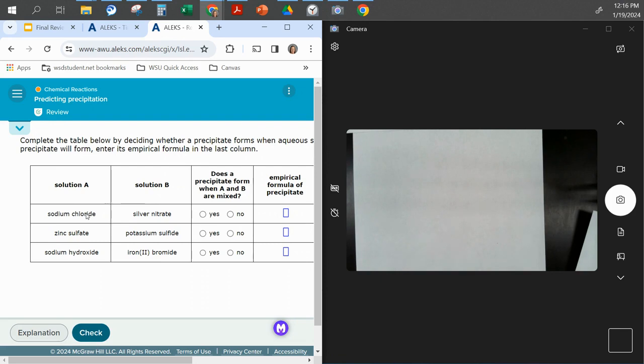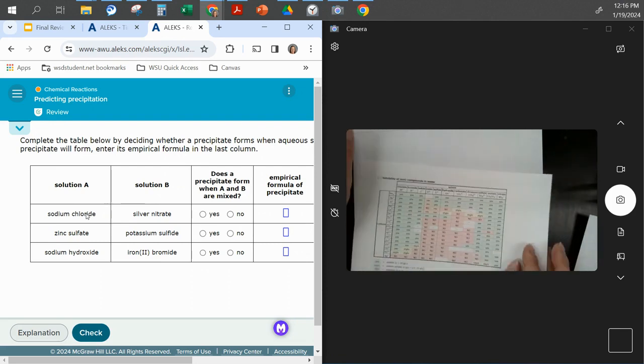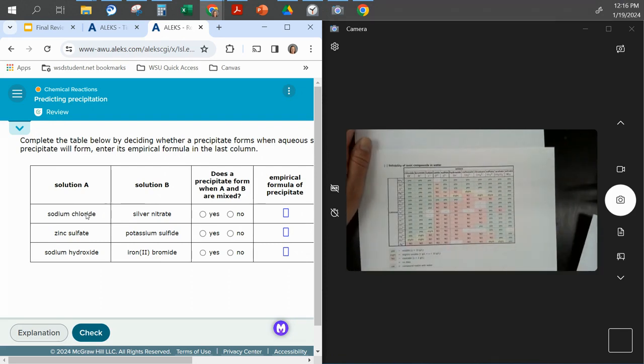Okay? Let's walk through one. So the first one was sodium and nitrate. One trick is that no nitrates are precipitates. So that one's probably not going to be there, but we can go through. Sodium is here, sodium Na+, and nitrate. Yes, that's soluble.